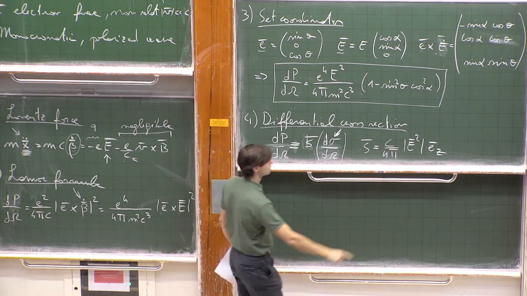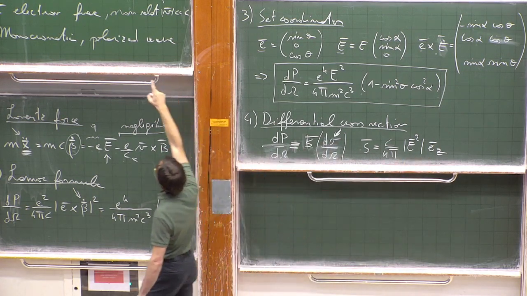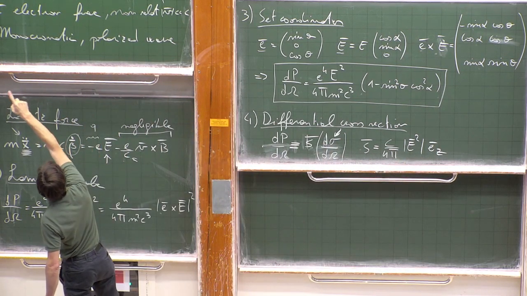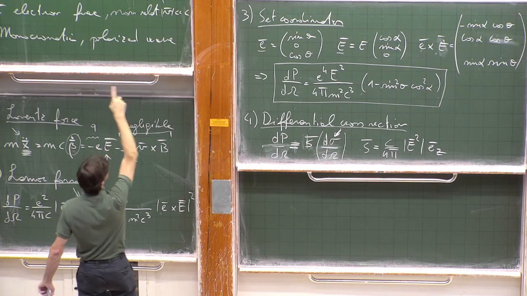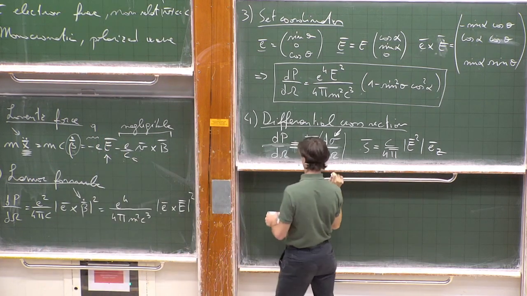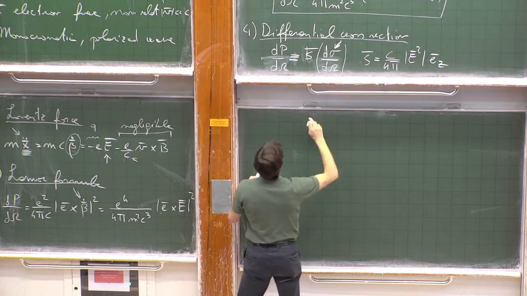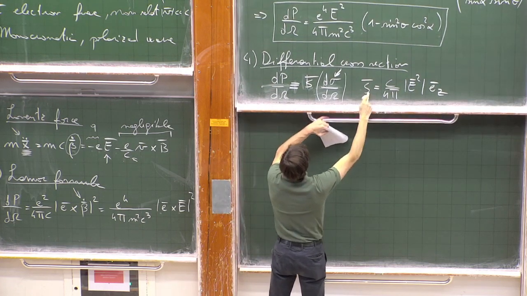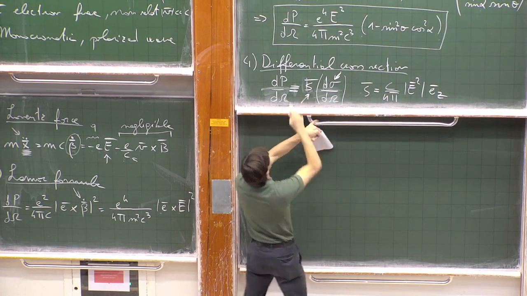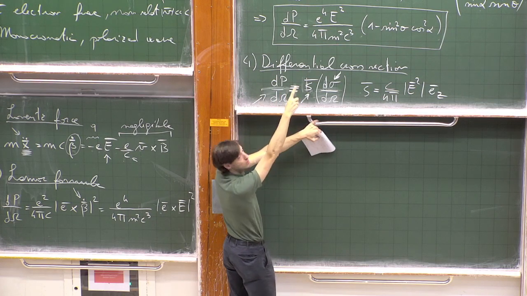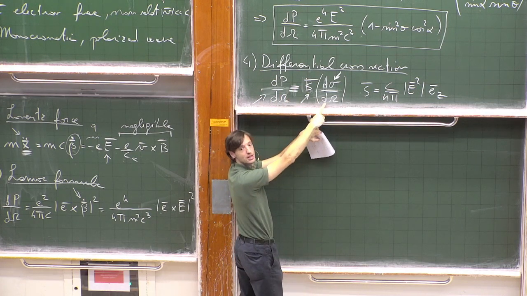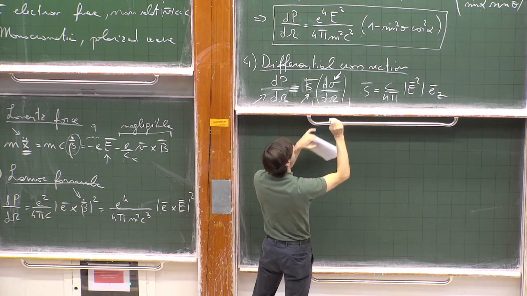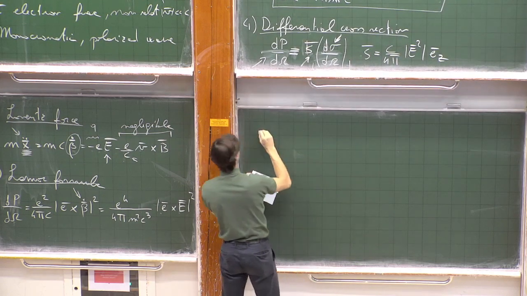And it goes in the direction z because we have chosen the axis such that the direction of propagation of the electromagnetic wave is along the direction z. Now we just plug our Poynting vector into here. This we know, so what is left? The cross-section. And boom, we have it.